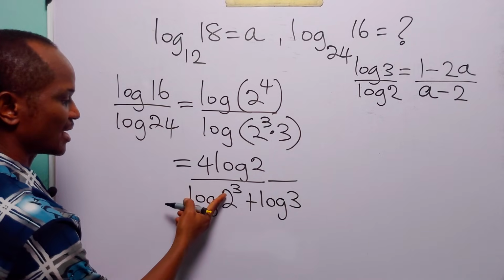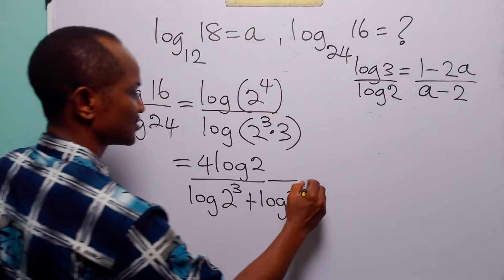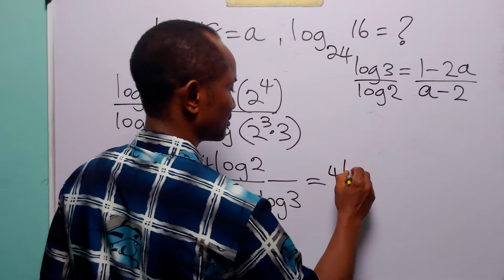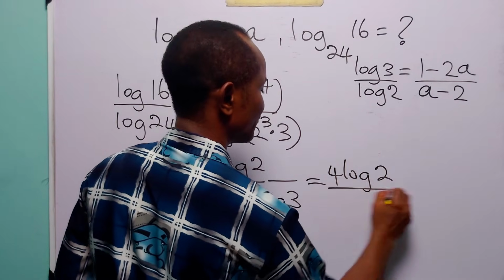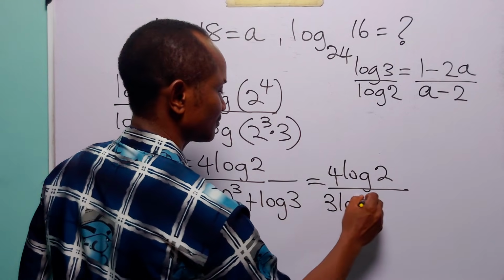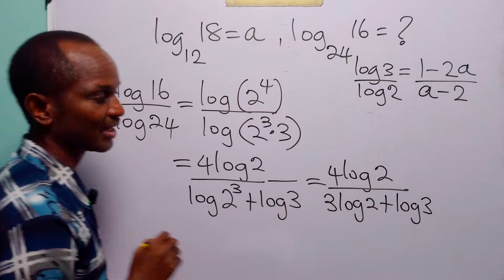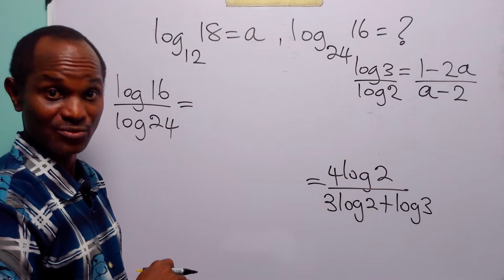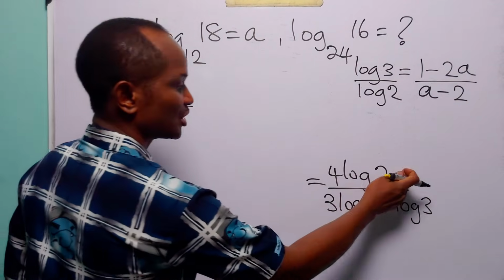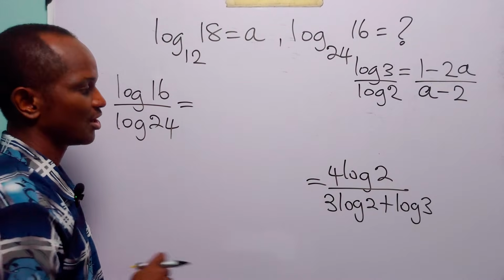Of course, once more, let us apply the power rule to this term. When we do that, this is going to be equal to 4 log 2 divided by 3 log 2 plus log 3. And of course, the next thing we are going to do will be to divide both the numerator and the denominator by log 2.